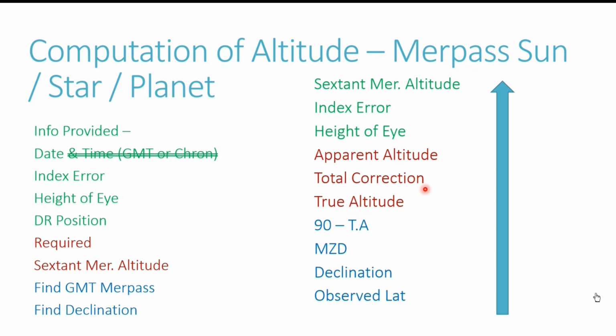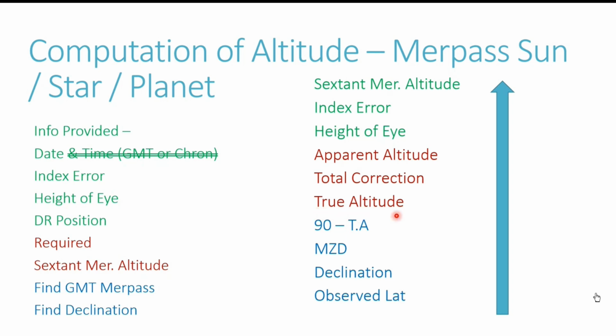That is the whole purpose. We do not use the computed altitude for any calculations. So we are aware that there is a scope of error in this computed altitude. So even if there is a little bit of error by entering the table using the true altitude instead of apparent altitude, that is very much within our acceptable range and accuracy.